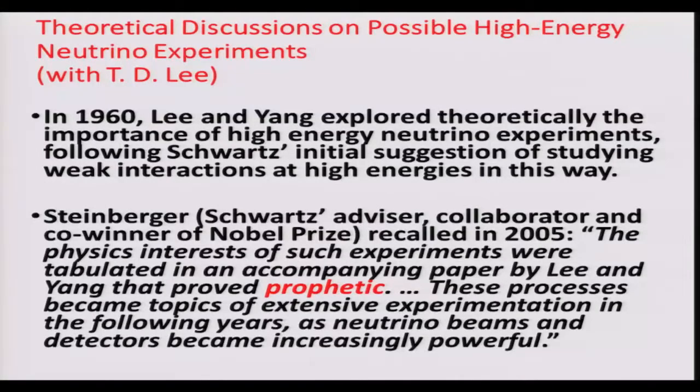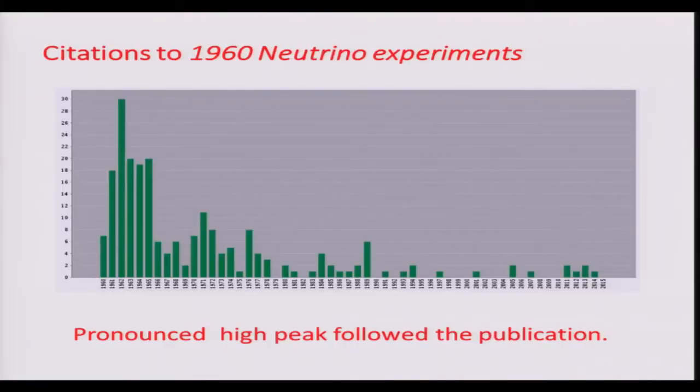In 2005, Professor Steinberger commented that the physics interest of such experiments was tabulated in a paper by Lee and Yang, and that proved prophetic. And these processes became topics of extensive experimentation in the following years as neutrino beams became increasingly powerful. Okay. So we see a clear, pronounced peak following this suggestion.